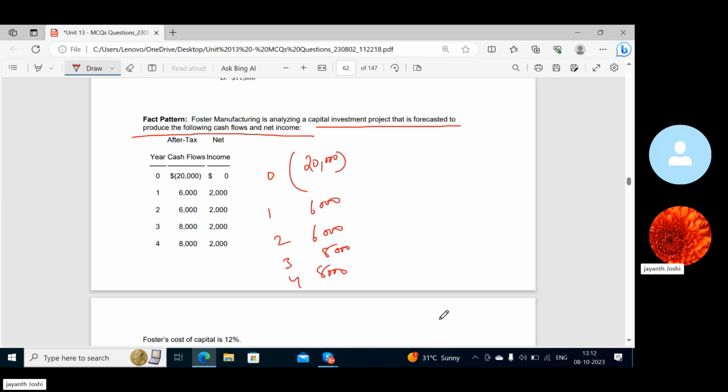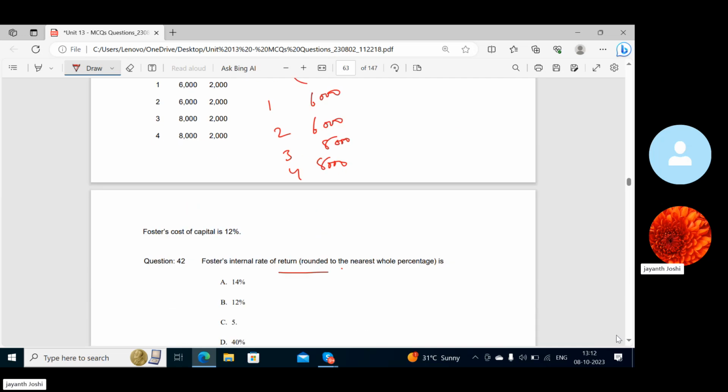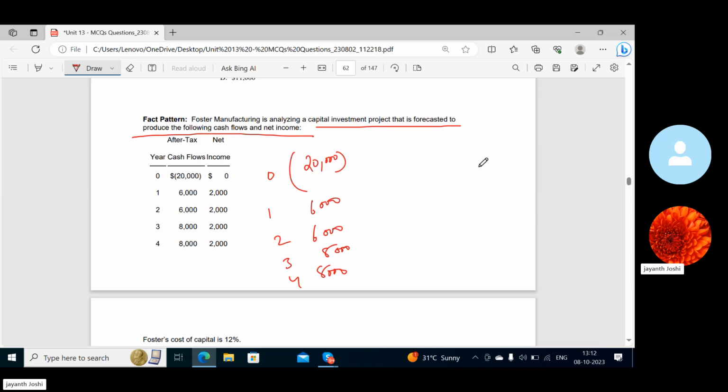Right? And then the discount factors we are going to take, at the rate of 12%, the cost of capital is 12%, right? At 12%, the first discount factor is going to be 1.00. This is the present value we're going to find.